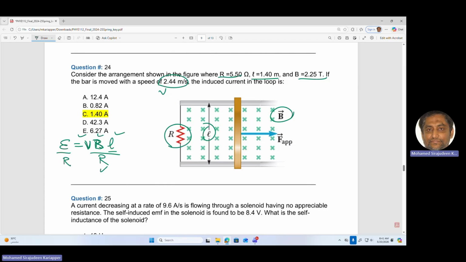Make sure everything is in SI units. Velocity 2.44, it is in SI unit. Magnetic field 2.25 tesla, that is in SI unit. L is 1.4 meters, that is in SI unit. R is in ohms, that is also SI unit. Okay, that's it. Substitute and get the answer. You should get this answer.